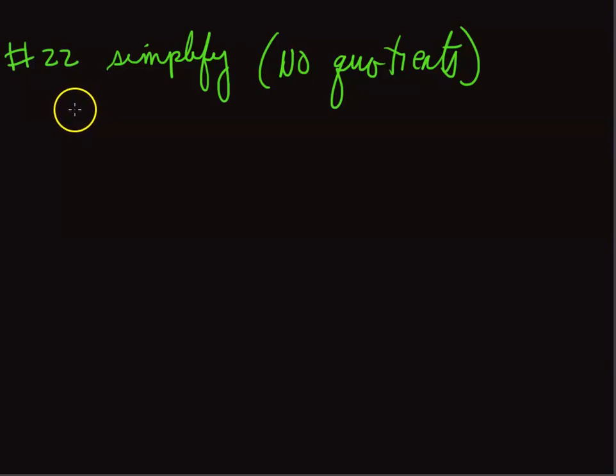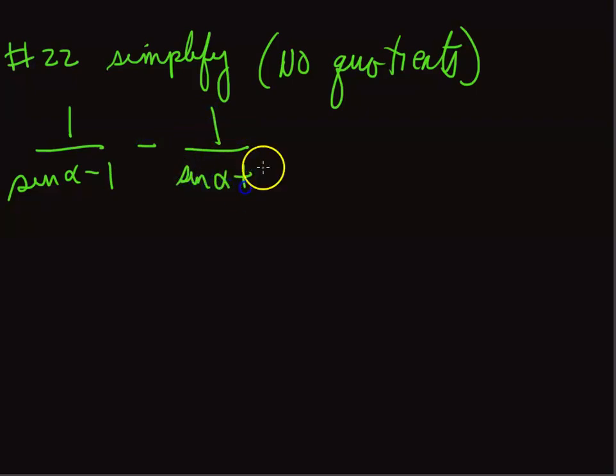So if you're given 1 over sine alpha minus 1 and subtract from that 1 over sine alpha plus 1. For these types of problems, they're going to want you to combine these two into one and try to write these with no quotients.